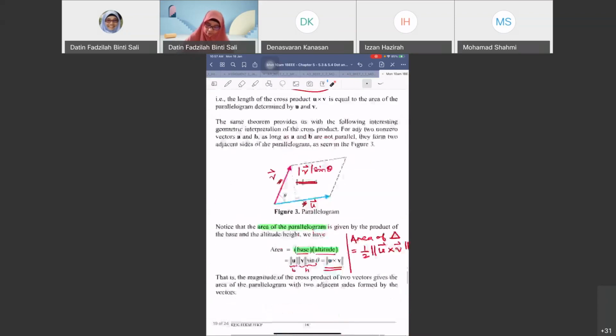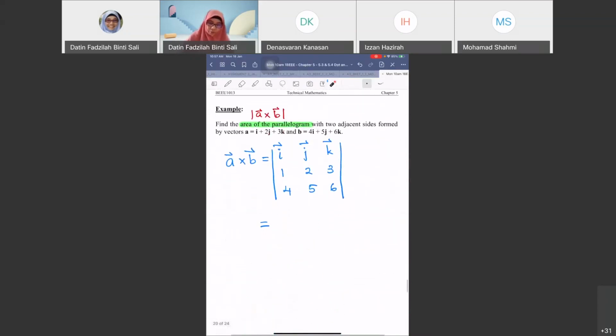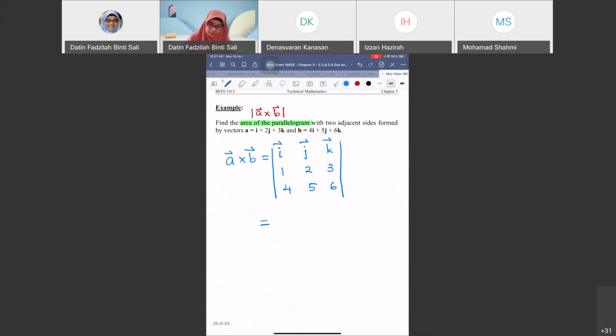I hope you all understood how to compute this. So from the previous example, what we got is minus 3i plus 6j minus 3k. Now, because the question is asking for the area of a parallelogram, you know the area of a parallelogram is the magnitude of that cross product.